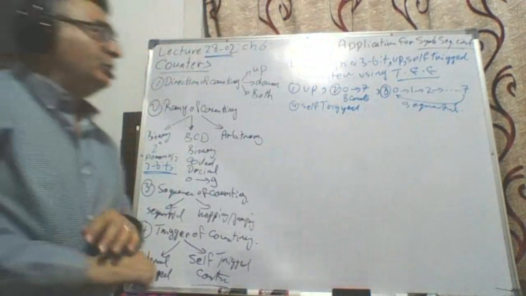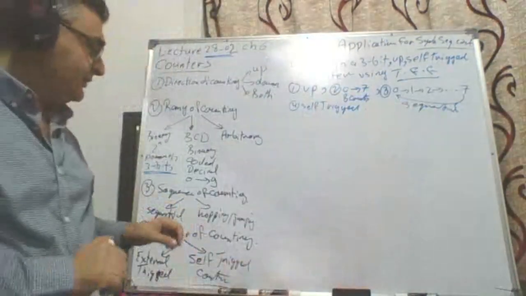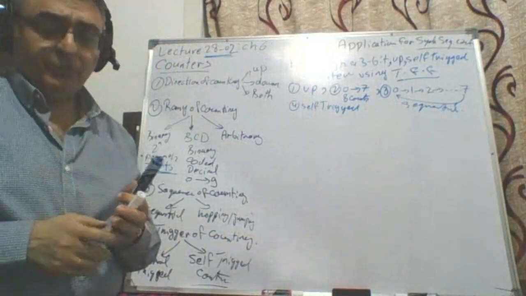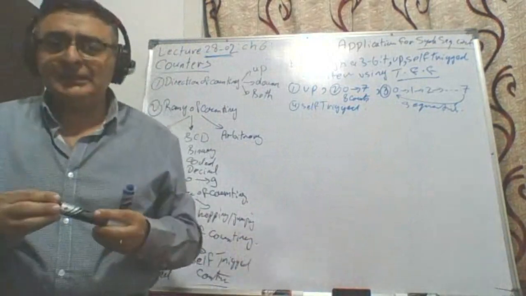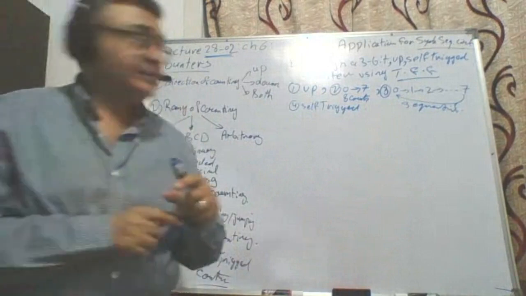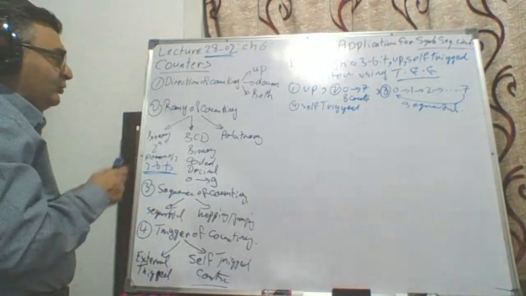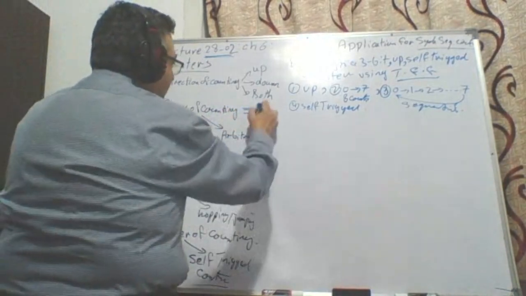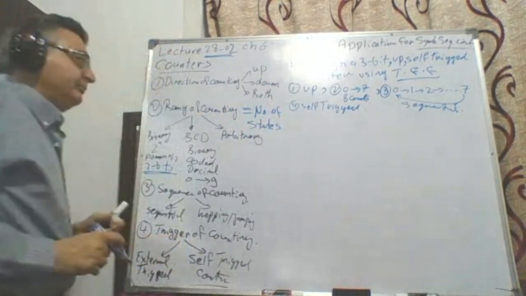Now we need to learn how, from answering those questions, I can successfully build the state diagram for the problem. State diagram means circles and arrows. The circles represent the number of states. The rule of thumb here is that the answer to the second question, the range of counting, equals the number of states in the state diagram.